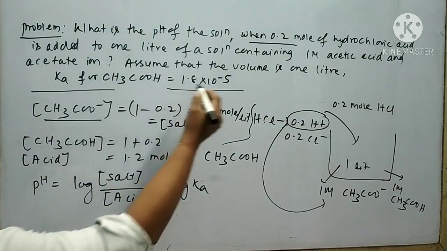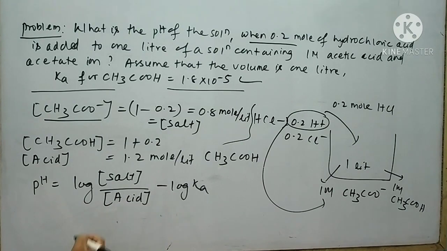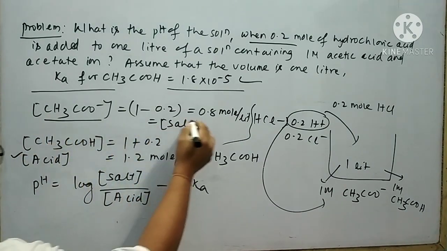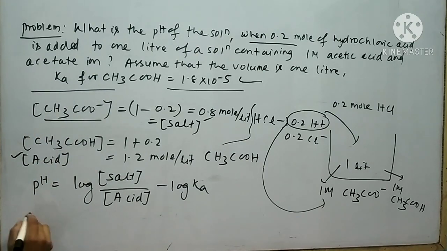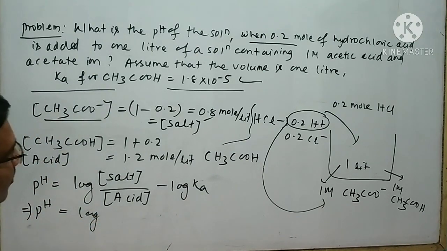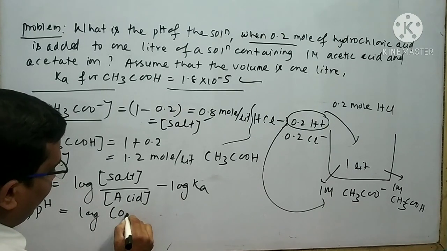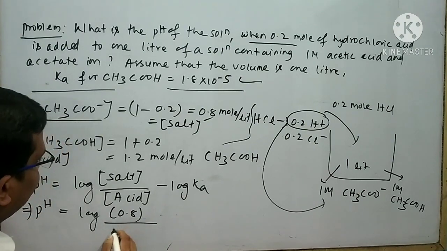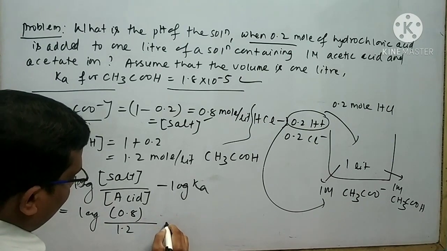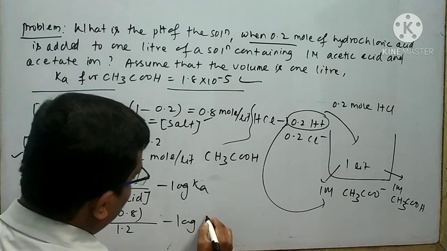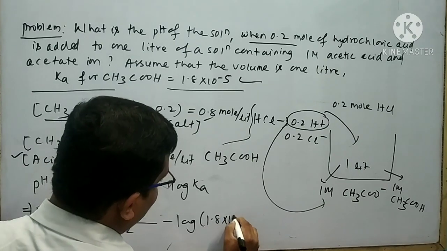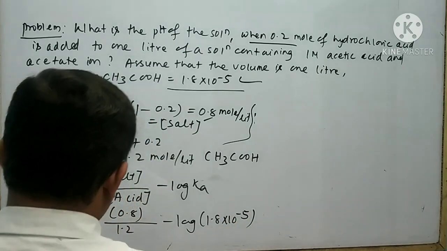Now put the value of K, concentration of acid and concentration of salt in this equation, then I can write pH equals log of 0.8 divided by 1.2 minus log of 1.8 into 10 to the minus 5.